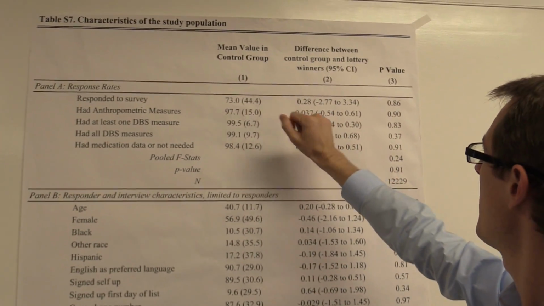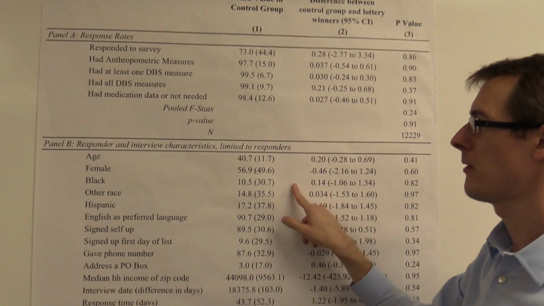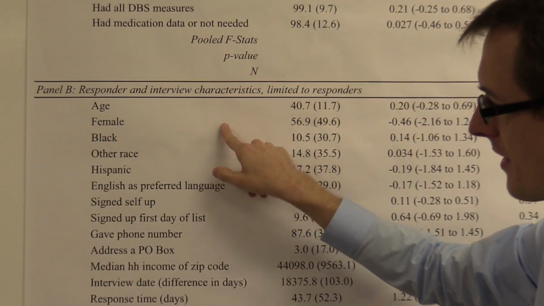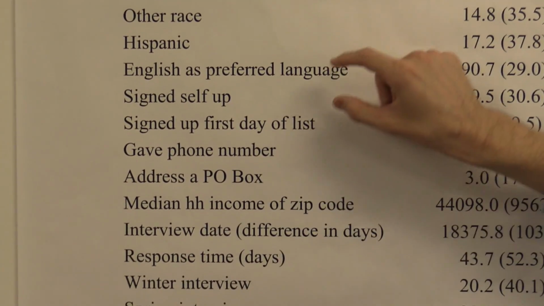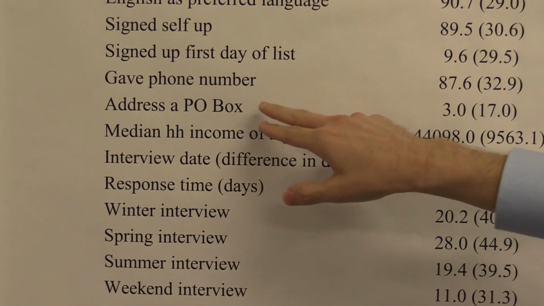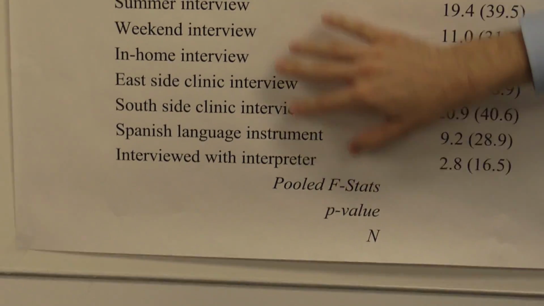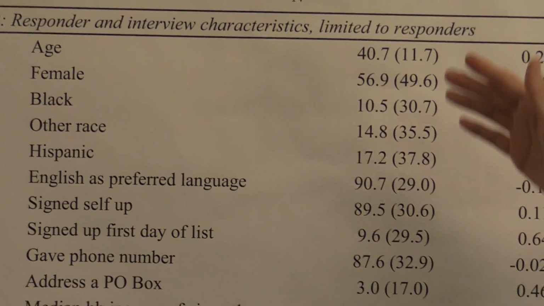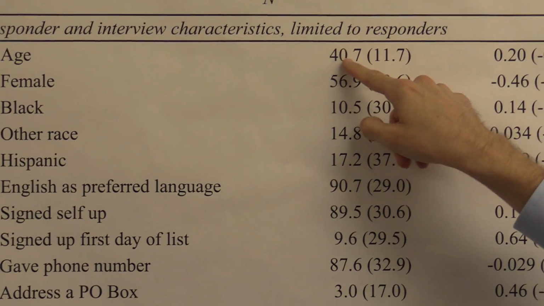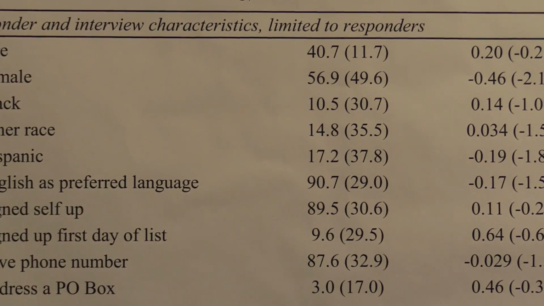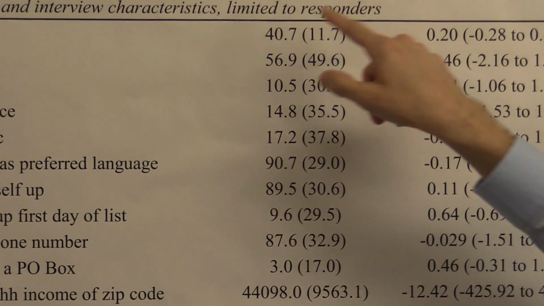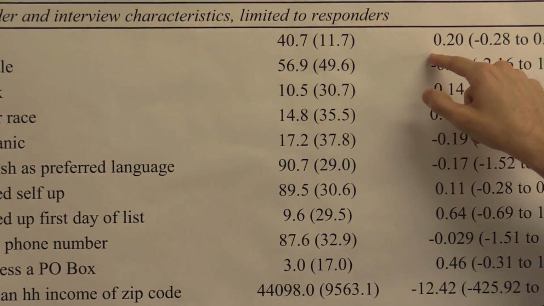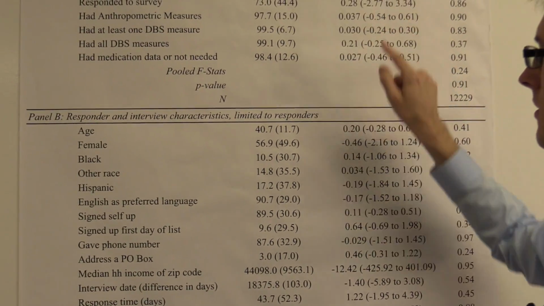Okay? Now, down here in panel B, they have a lot of variables: age, female, black, other race, Hispanic, some race, ages, English as preferred language, address as PO box, etc., etc. Okay? And again, they have the average value of these variables in the control group listed here. And over here, the difference between this number and the average value in the lottery winners. Okay?